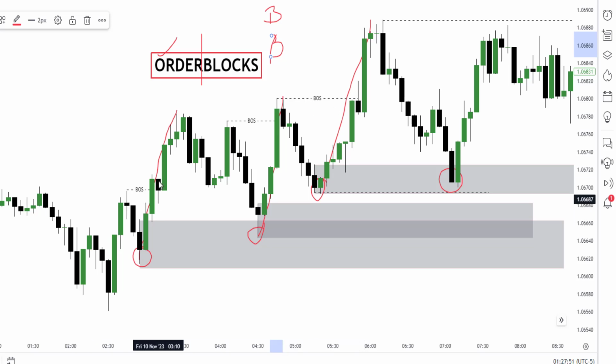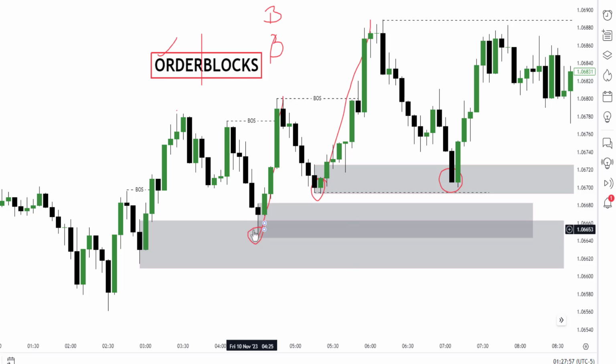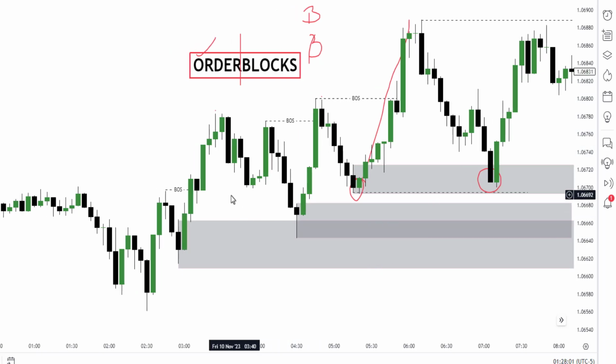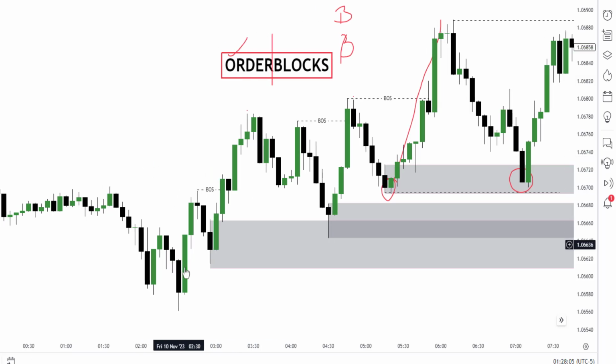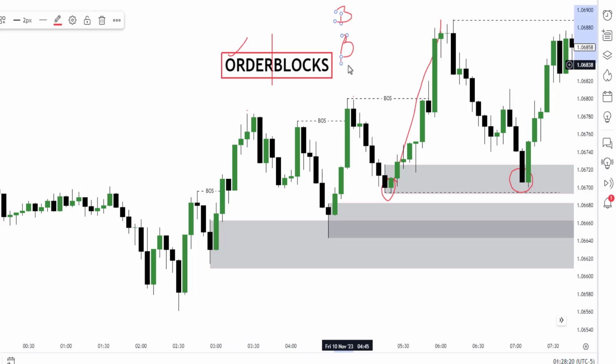A typical example of an order block is right here. We'll subsequently talk about what makes an order block valid or less valid. Here we have price coming to this point, retracing, and pushing up, creating a break of structure, which is one of the things that makes an order block valid.